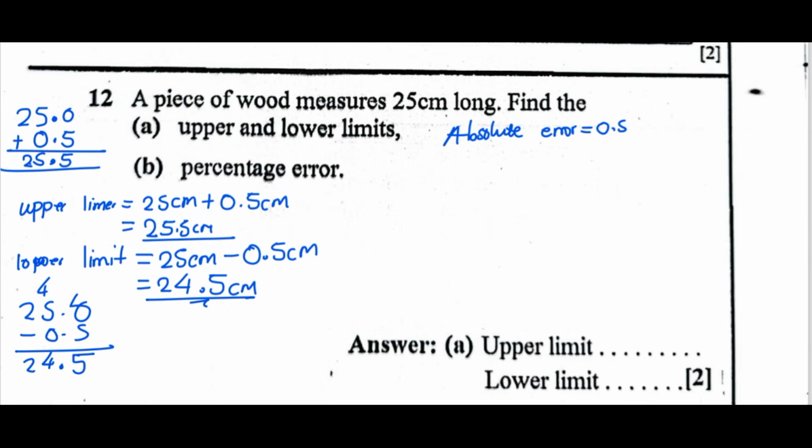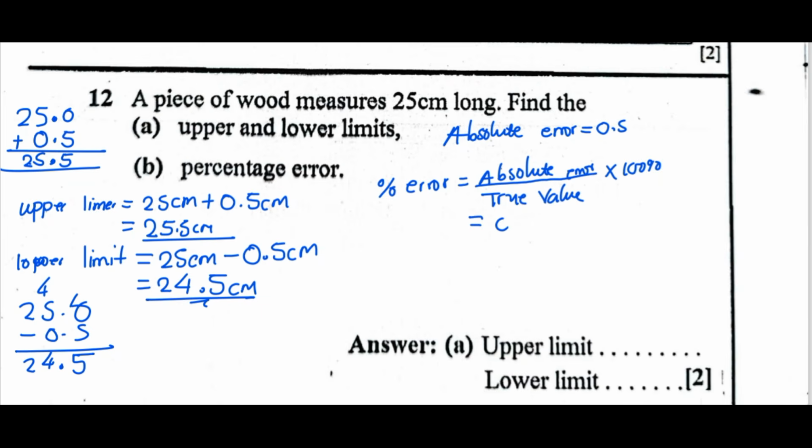centimeters. Then we are solving for the percentage error for B. So percentage error is equal to absolute error, then divided by true value, multiplied by 100%.